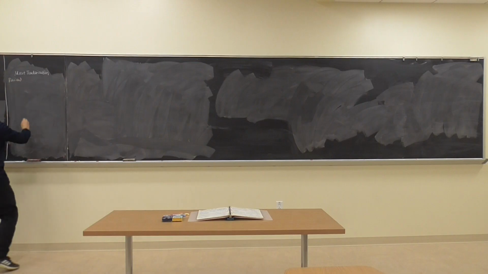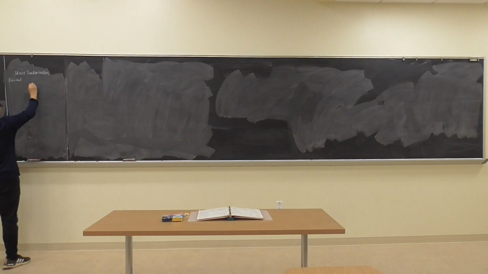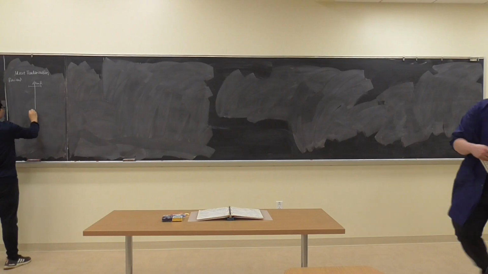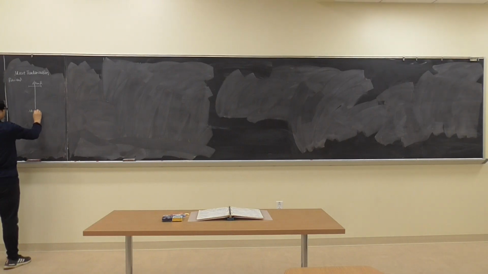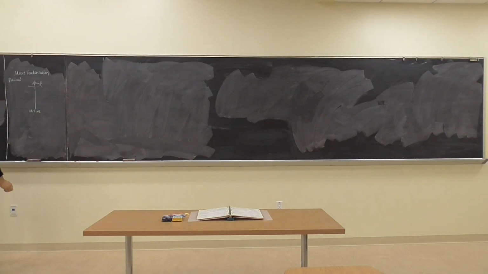So let's say in the middle we have the A band. Right in the middle of the A band we have an M line. That's a muscle structure. Then on the side we have an I band.